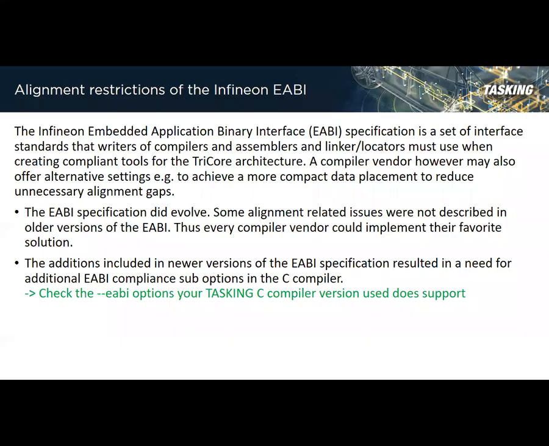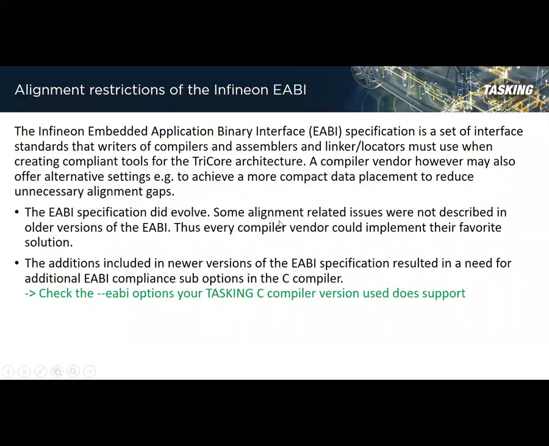When you want to use the hardware FPU for single-precision float, you might prefer to have less accuracy and want to use float values instead of double values. The tools offer a treat-double-as-float option where no double exists anymore, and for all floating-point operations the hardware FPU is used, which boosts performance, but it won't be compliant to the EABI anymore because the EABI requires that a double is an 8-byte value.